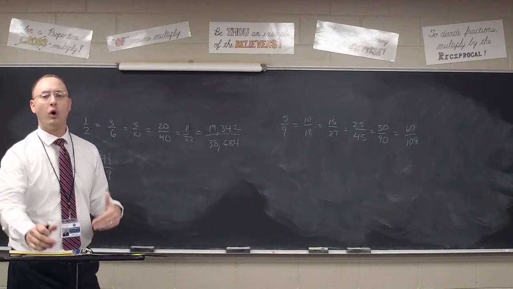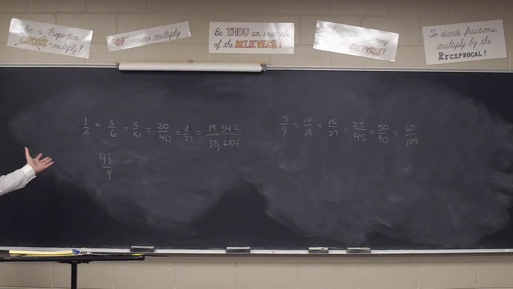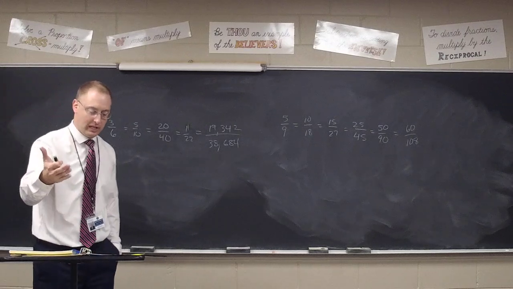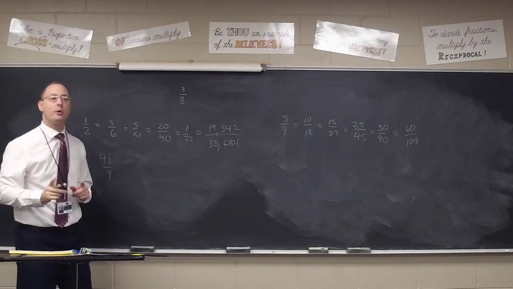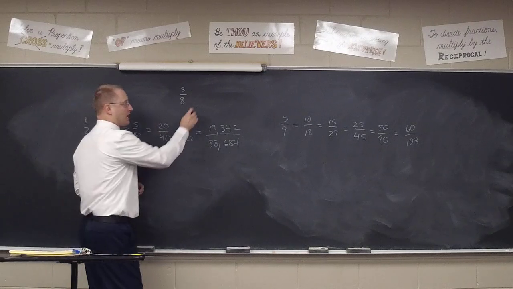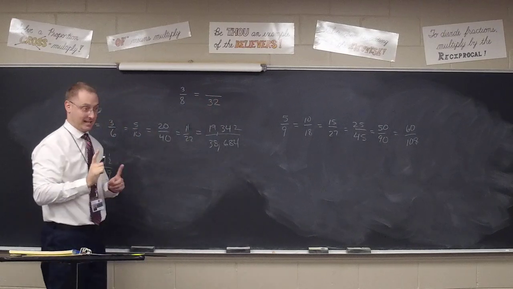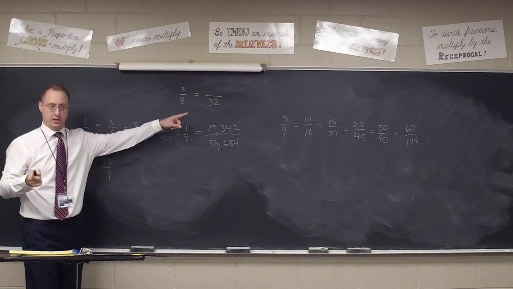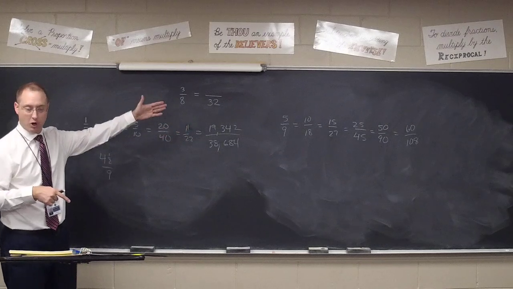Here's the key. Normally, though, when we make equivalent fractions, we're not just doing it to be crazy and fun, though it is fun to have fun and be crazy. Normally, there's an objective in mind. So, for instance, if I had the fraction 3/8, I might already have determined, Griffin, what denominator I want. I may specifically need to have a 32. This is going to happen more often than not, where you're going to need a certain denominator and you're going to have to rig the numerator to go with it.